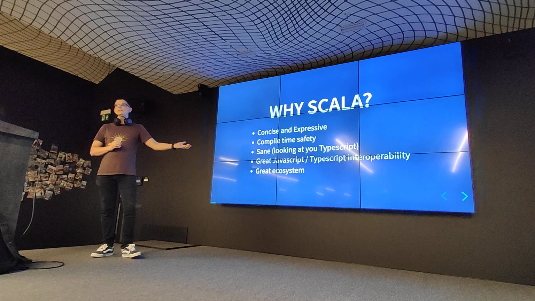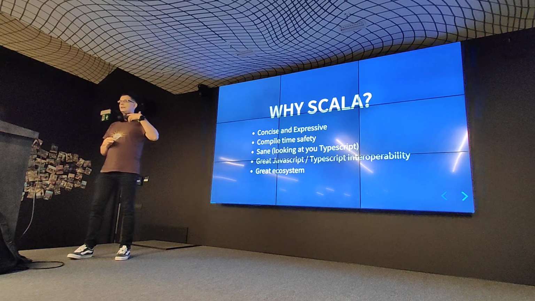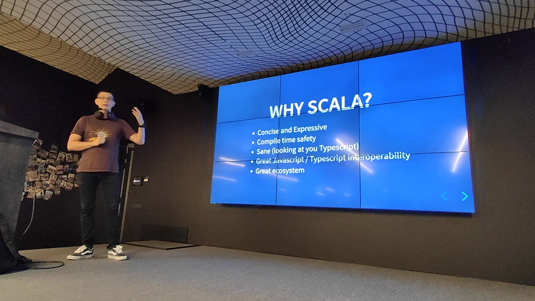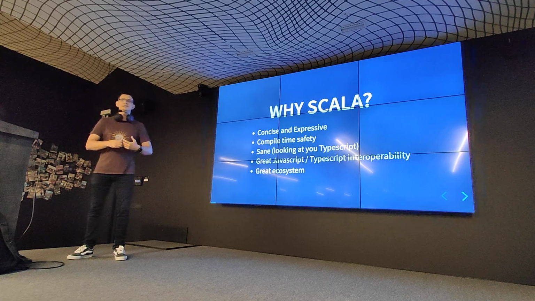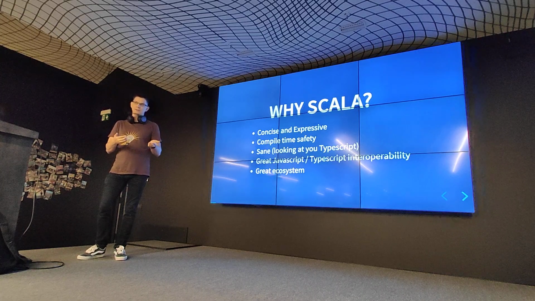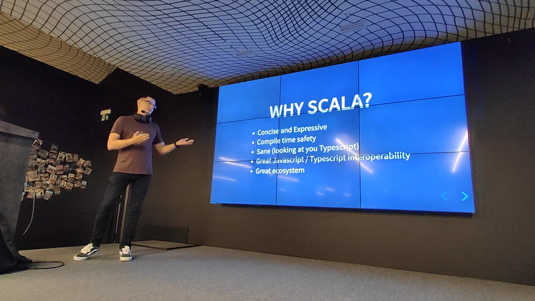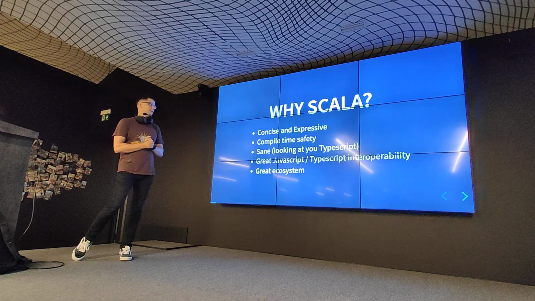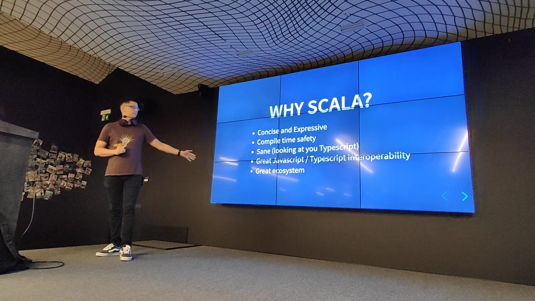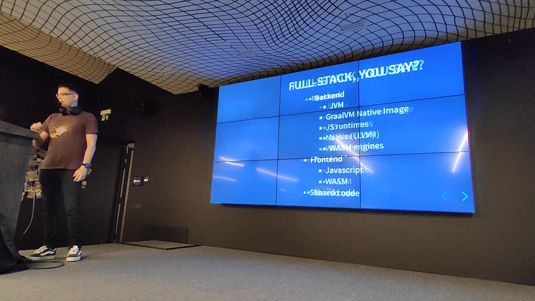For example, Kotlin does have a JavaScript backend, but the problem is that the type system of Kotlin isn't expressive enough to map the things that exist in the TypeScript and JavaScript world. For example, Kotlin does not have any type unions. So there's a problem there. Scala does have type unions. I already covered the great ecosystem part.